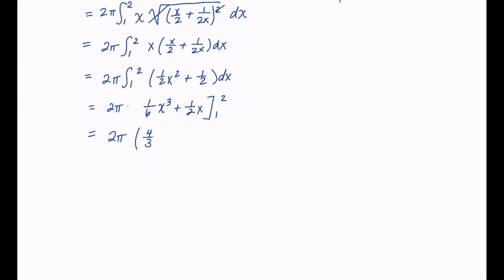So we're going to have 4/3 plus, if I plug in 2 times 1/2, that's 1, minus, if I plug in 1, I'm going to get 1/6 plus 1/2. And skipping some of the arithmetic that's in there, I am going to end up with a final answer of 8 pi over 3. And that's it.